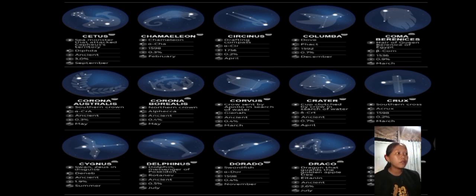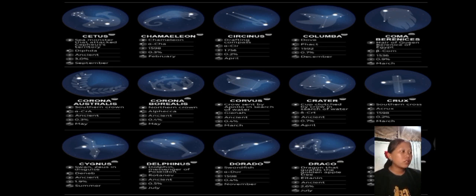Coma Berenices is the hair of Queen Berenice of Egypt. Corona Australis is the southern crown. Corona Borealis, northern crown. Corvus, crow sent by Apollo in search of water. Crater, cup clutched by the crow in search of water.